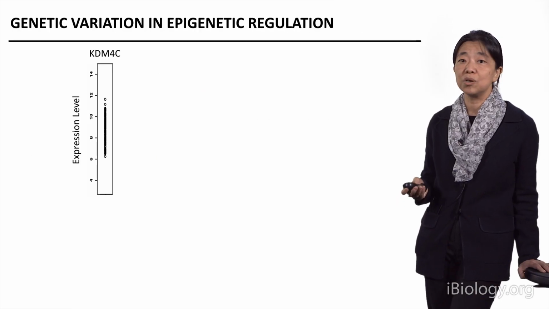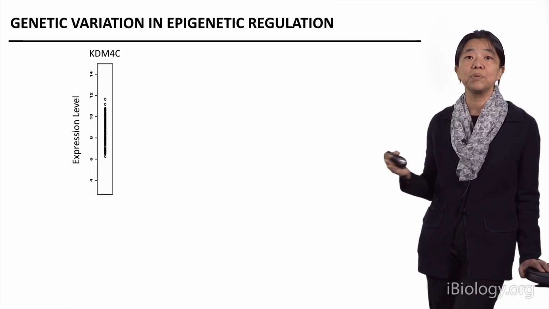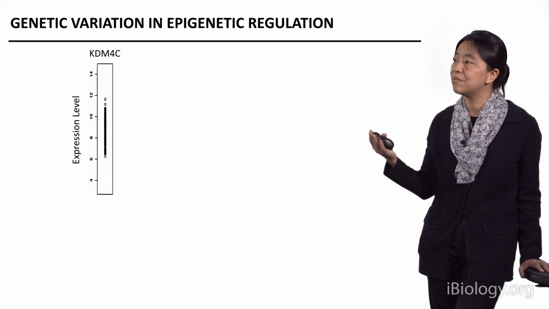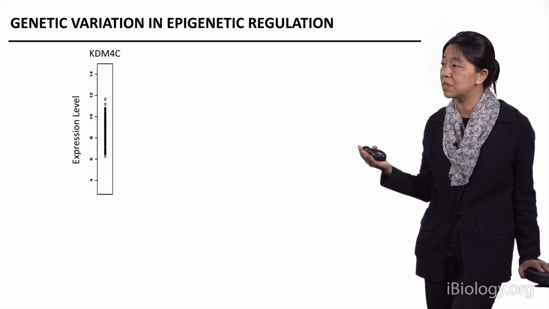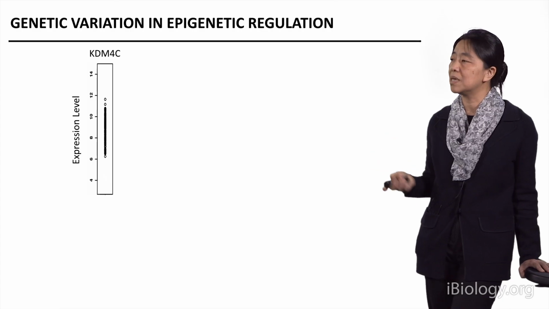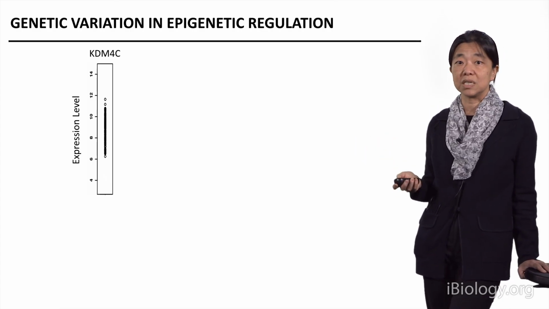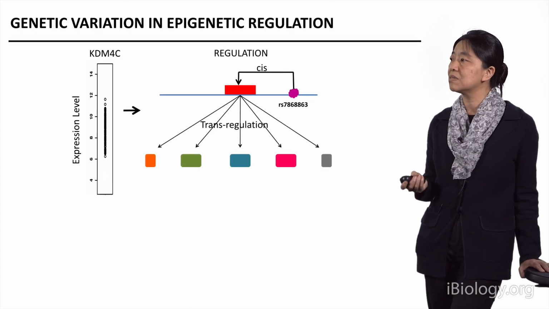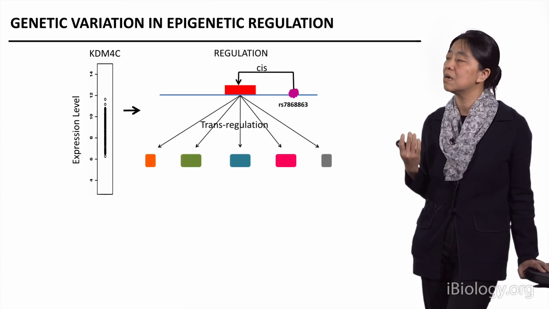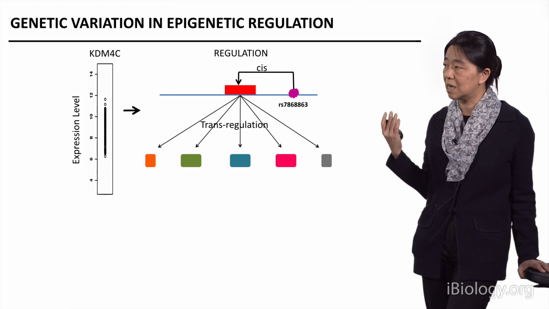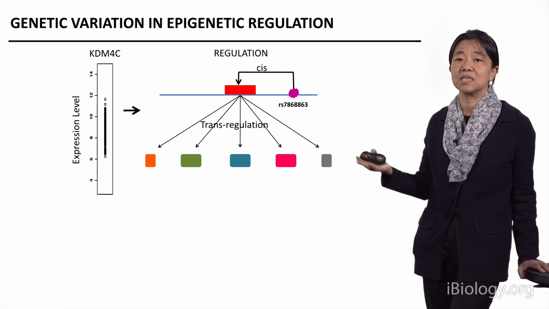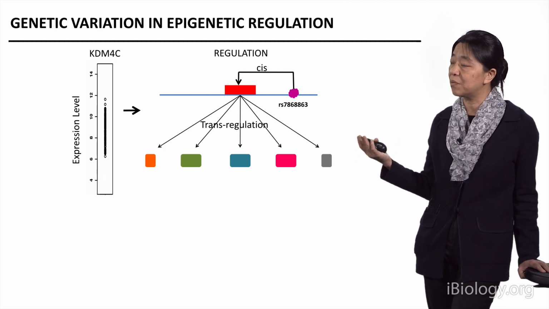So what we show you here is that we started with a simple observation that KDM4C level varies across individuals. Then we asked whether we can decompose this range of KDM4C genetically, and we found that KDM4C levels are cis-regulated by sequence variants in the 3' UTR of KDM4C.